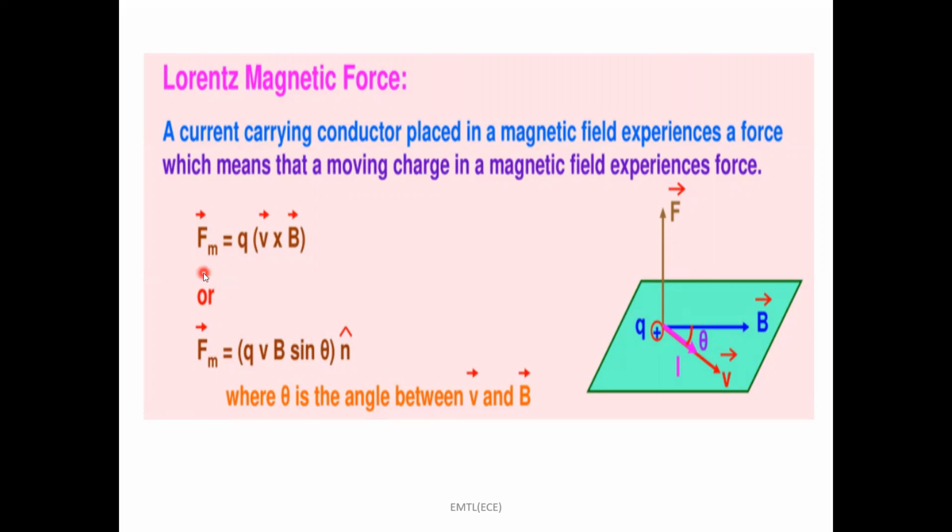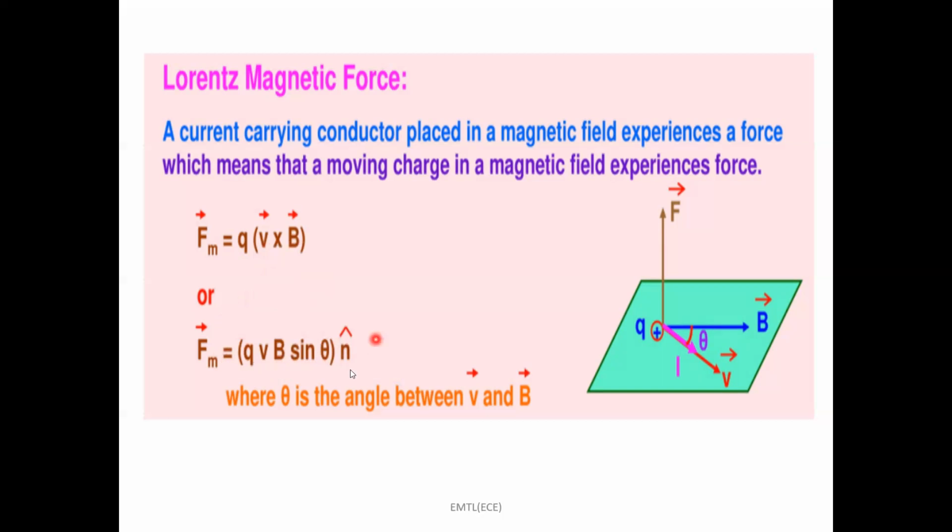The expression for the Lorentz magnetic force is Fm equals Q V bar cross B bar. Since A cross B is AB sine theta, in the same way V cross B is equal to VB sine theta.